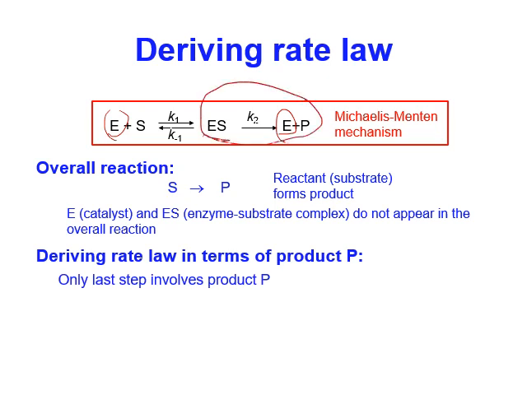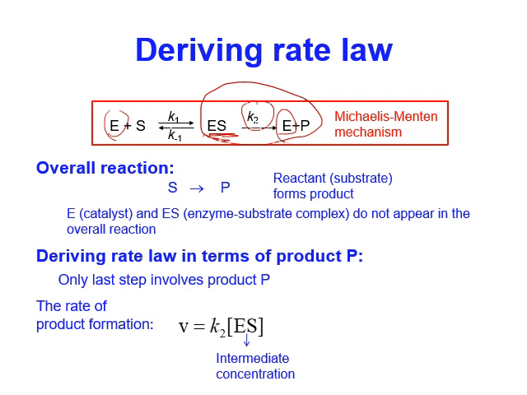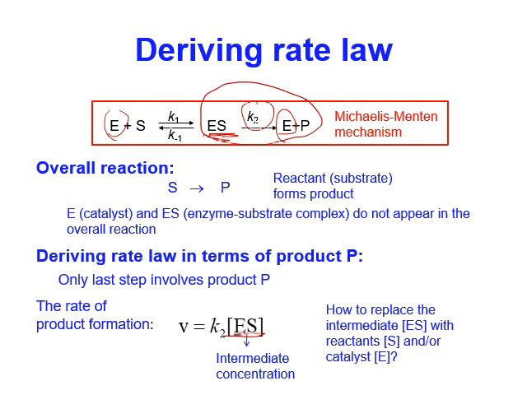All right, so the rate law is the rate constant k2 times ES. Because ES, the enzyme substrate complex, is the intermediate, the next step is to use a steady state approximation to find the concentration of the enzyme substrate complex.